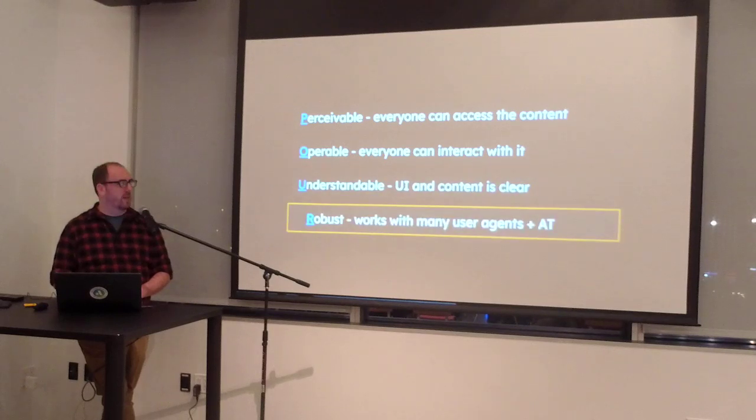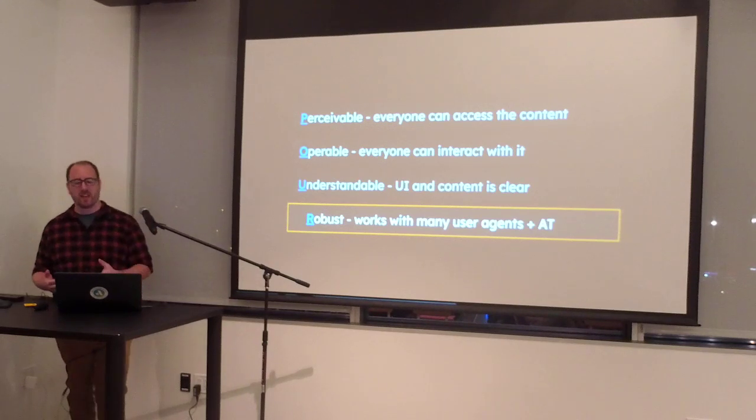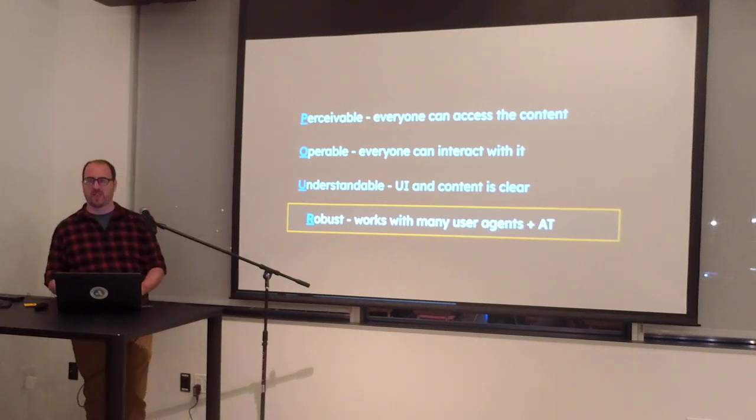And finally, our work needs to be robust. So it has to be easy to be interpreted by different kinds of user agents and assistive devices. Interestingly, we've already been pursuing this in some ways through things like responsive design and progressive enhancement. We've been trying to make things work across mobile devices and tablets, but for slightly different reasons.